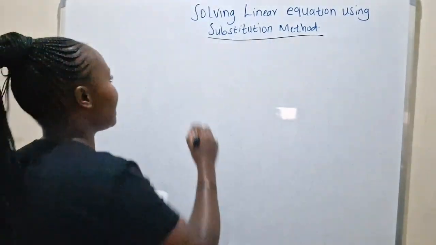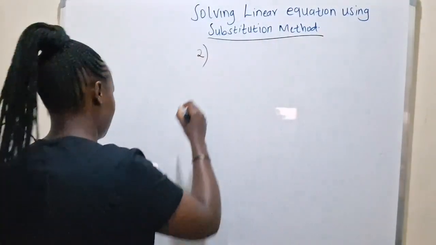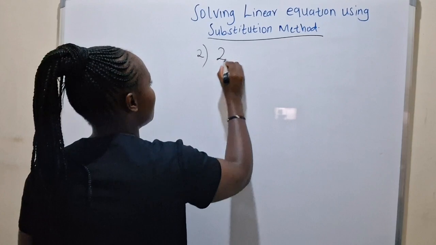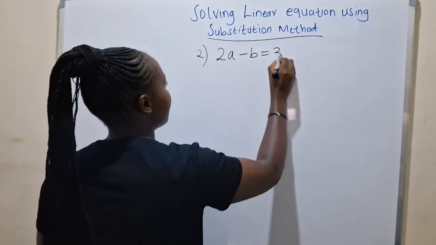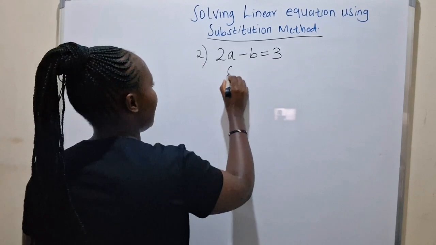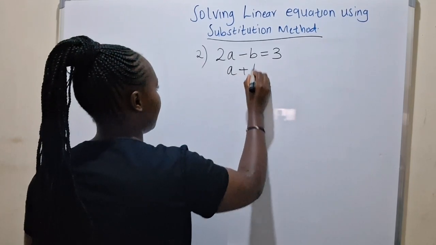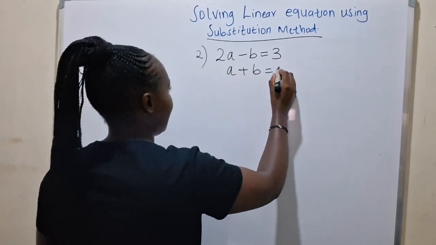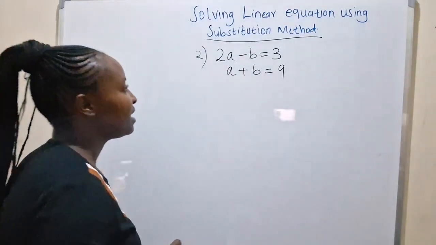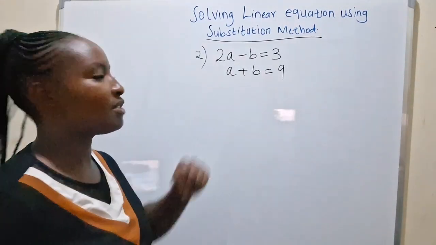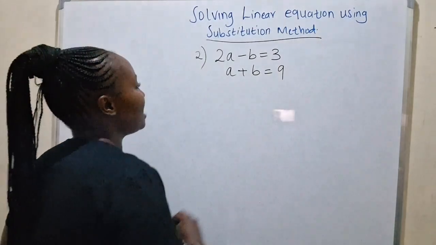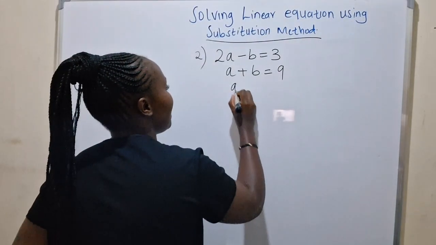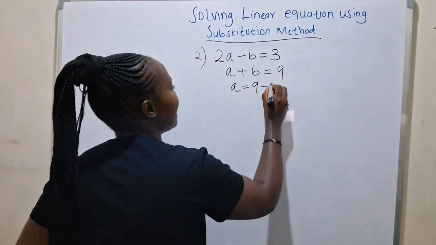For our second example, example 2, we have 2a minus b equals 3, and then a plus b equals 9. This one is quite straightforward. We can just use the second equation and say that a equals 9 minus b.